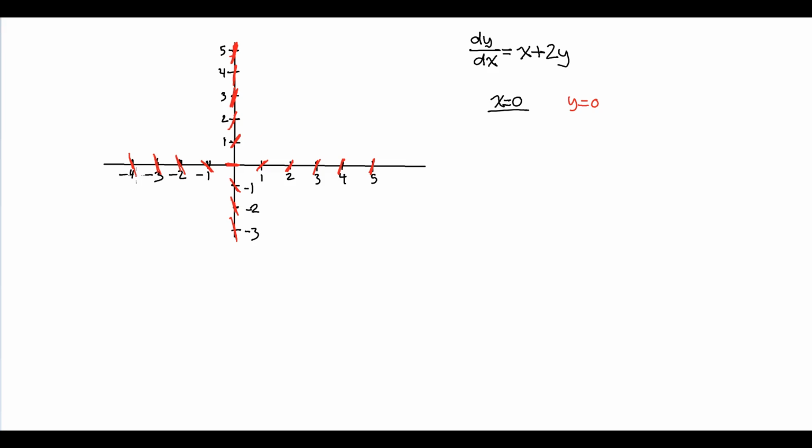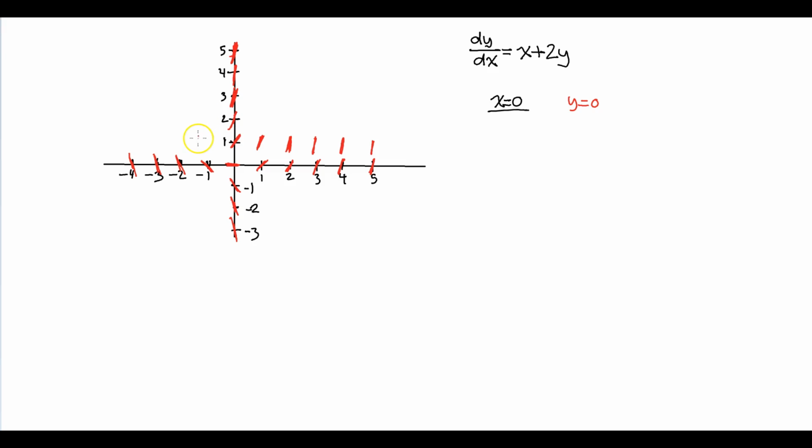Now at y equals 1, if x equals 1 and y equals 1, you have a slope of 3. If x equals 2 and y equals 1, you have a slope of 5. And for x equals 3, you have a slope of 5, 6, 7.